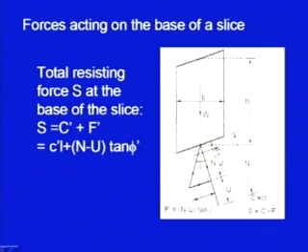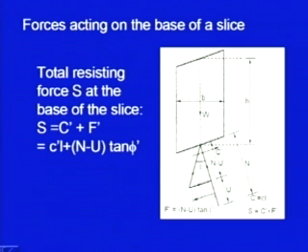So, to get the frictional component, draw a line at angle phi dash. When you draw it, this much into tan of phi dash is this. So, this component F dash is (N minus U) tan of phi dash.